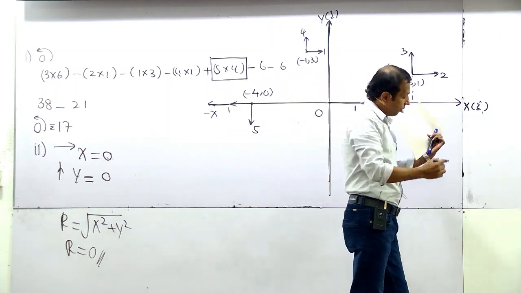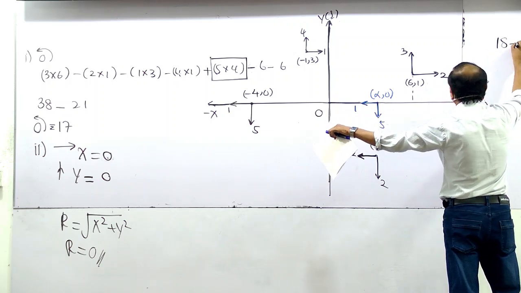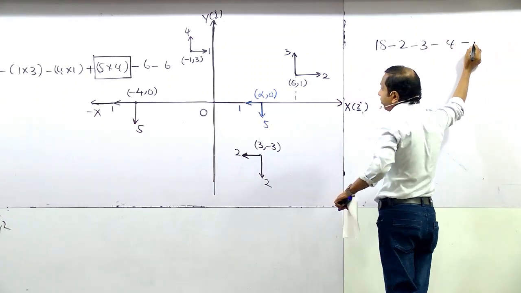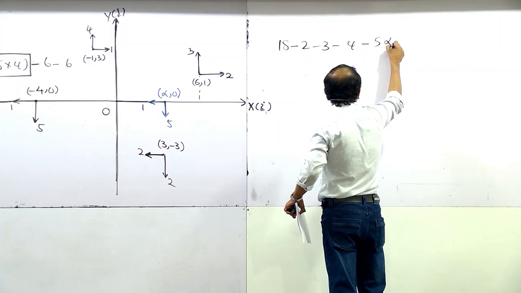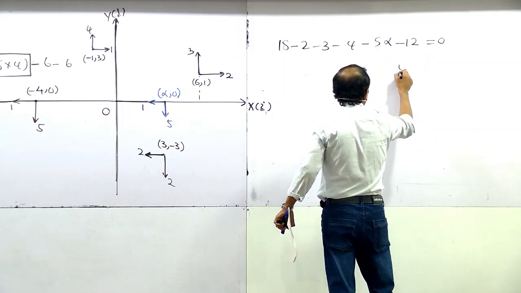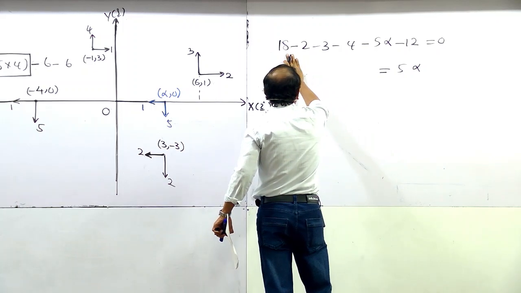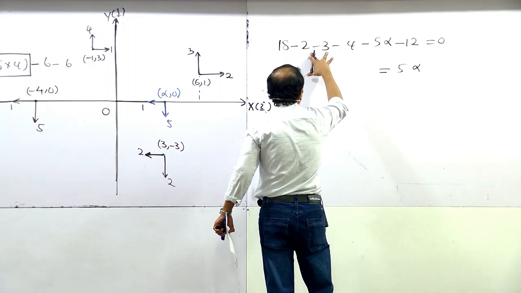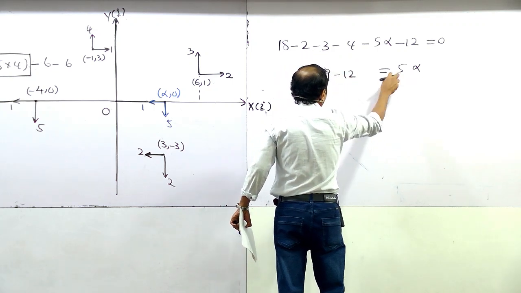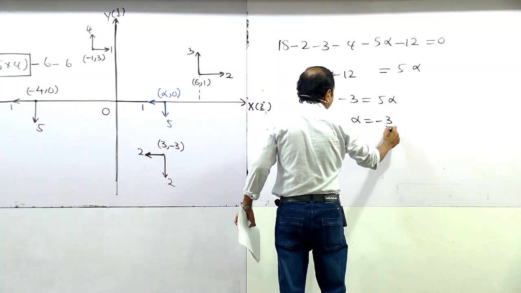Right, now take 3 into 6, 18, minus 2 minus 3, minus 4, minus 5 alpha, minus 12, should be equal to 0. Take 5 alpha to the right-hand side. 6, 9, minus 12, minus 3, so 5 alpha equals minus 3, alpha equals minus 3 by 5.